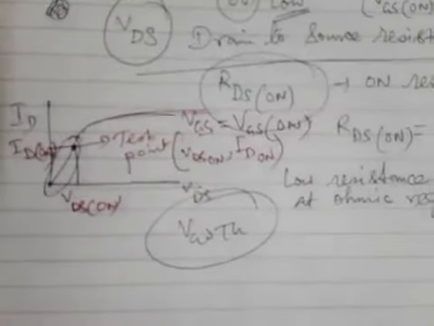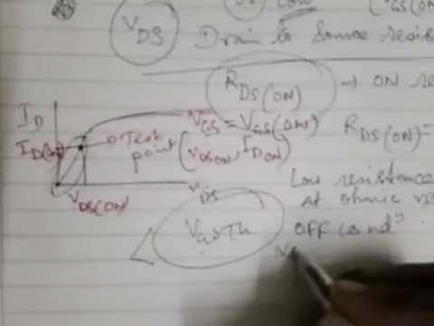The off condition of a device means it is offering very high resistance. So at less than VGS threshold, it is off, offering very high resistance. That establishes the switching operation of the MOSFET. So we can establish from here that the MOSFET can well work as a switch.